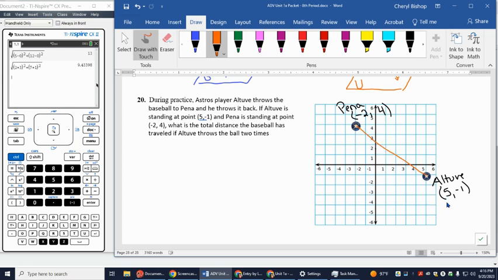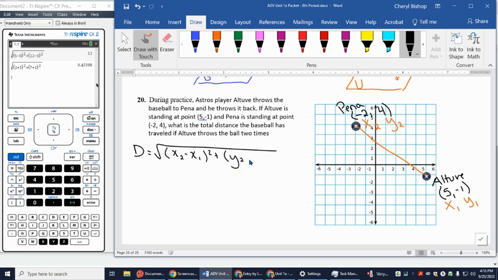So that's going to be the distance formula, where I've got one point and a second point. My distance formula is distance equals the square root of (x2 minus x1) squared, plus (y2 minus y1) squared.